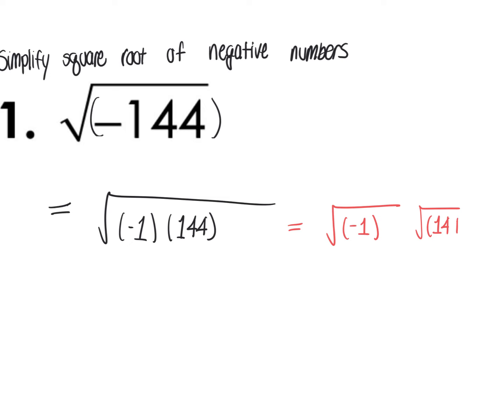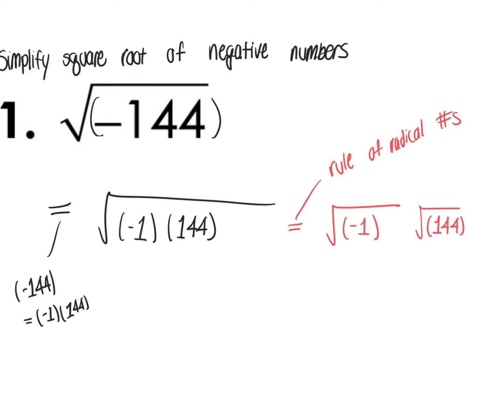So this is a rule of radical numbers. This is literally just that. Negative 144 is the same as negative 1 times 144.